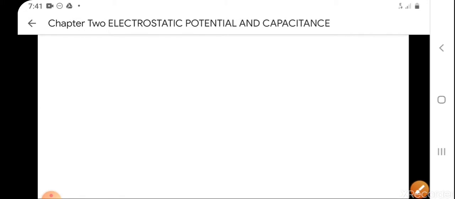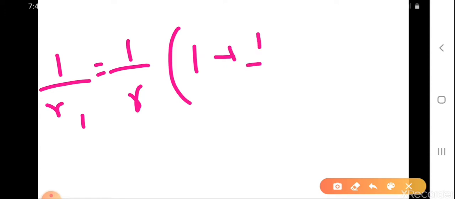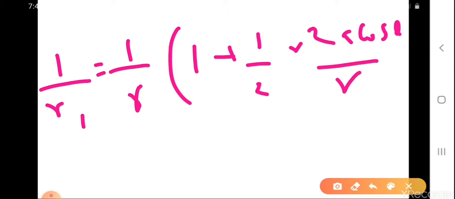So what will be there? 1 by r1 is equal to 1 by r into 1 plus 1 by 2 into 2a cos theta by r.